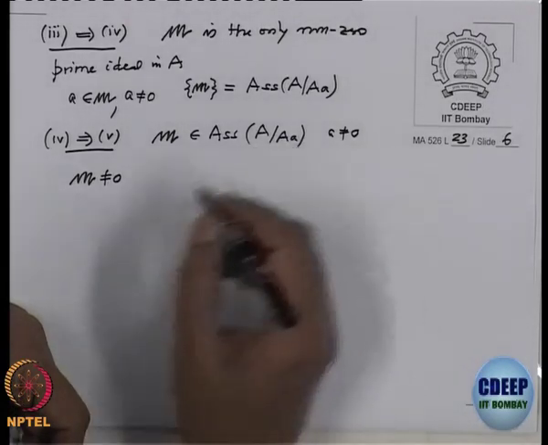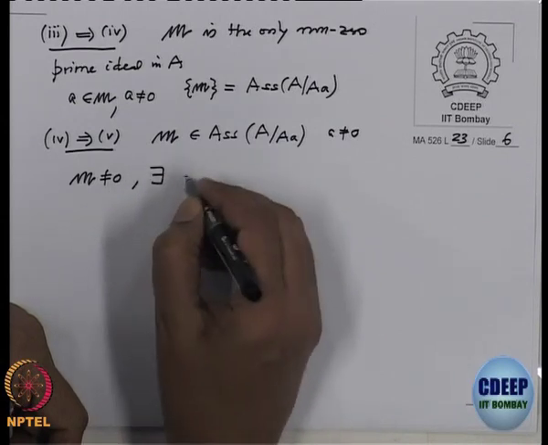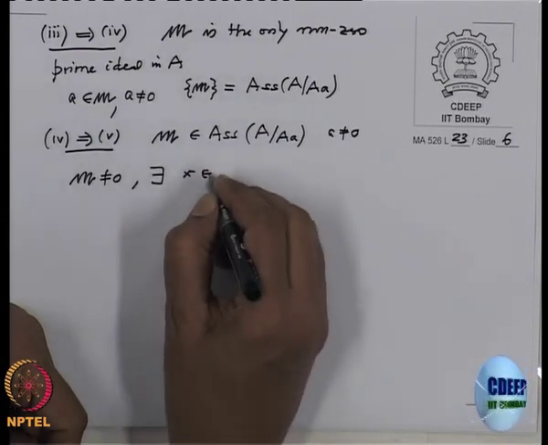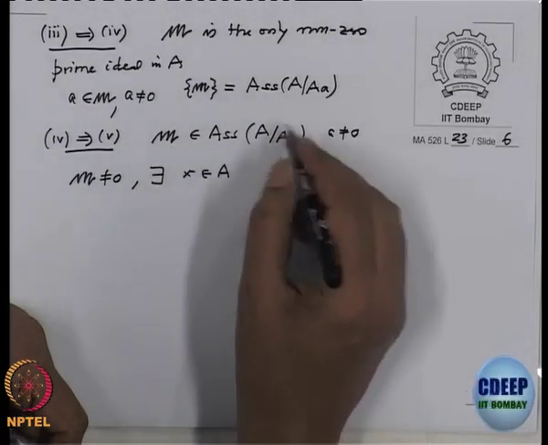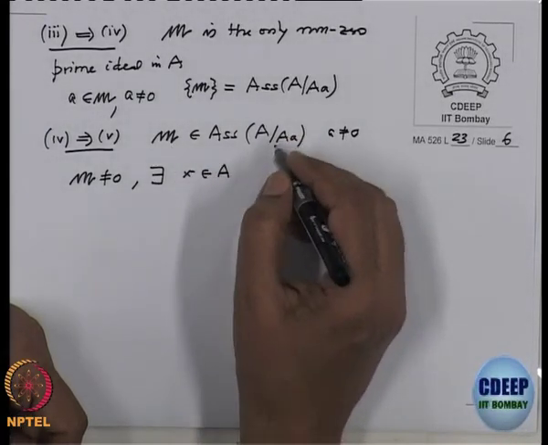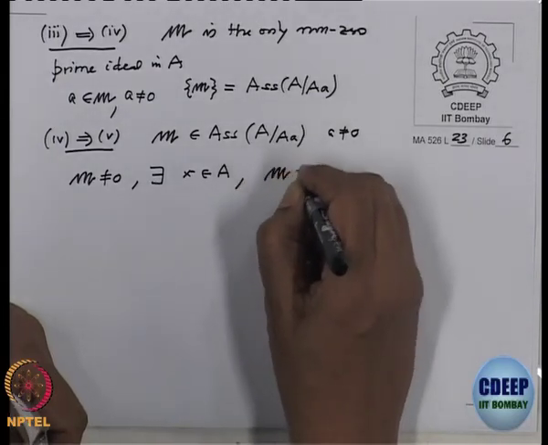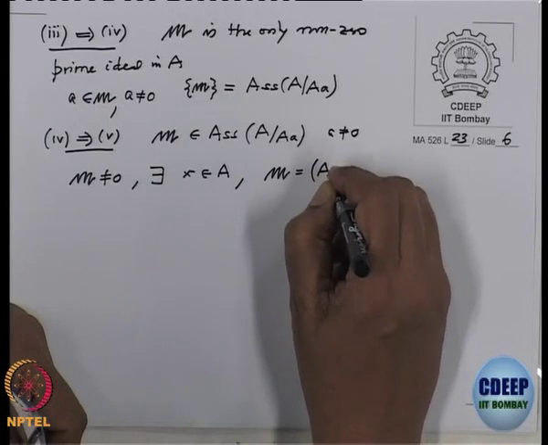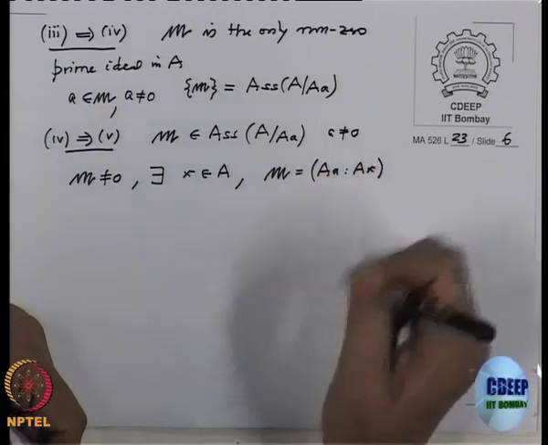M is associated means there exists an element x in A so that M is a colon ideal, the annihilator of x mod a, that means M equals the ideal generated by a colon the ideal generated by x.